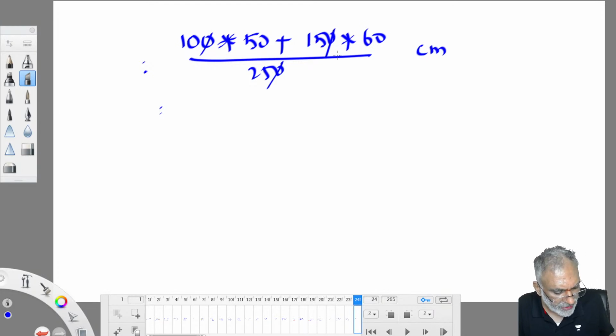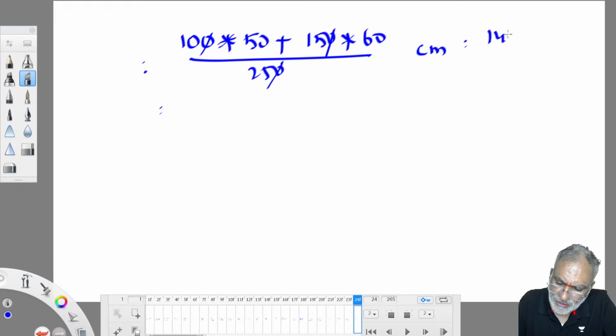So that's how we can manage without calculator also. So this is 1400 by 25. It is 56 centimeters.